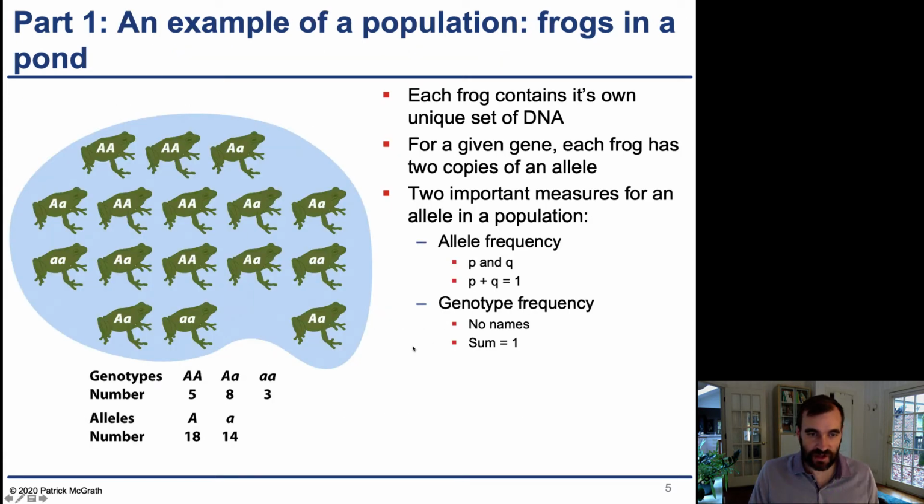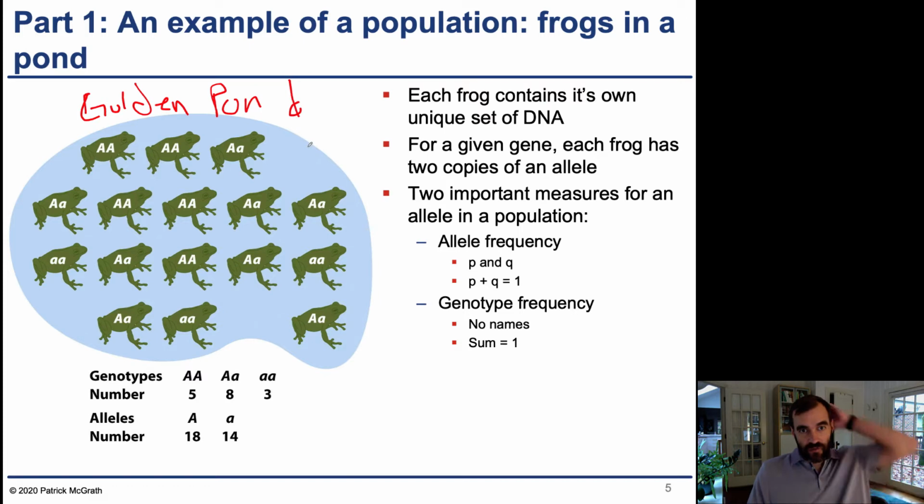Let's look at an example of this. An example might be a pond, Golden Pond, or whatever you want to call your pond, and the frogs that live within that pond. If we take a look at the population that lives within this pond and compare it to a population that lives in a pond across the country, there's obviously a lot of restriction in the gene flow between those frogs.